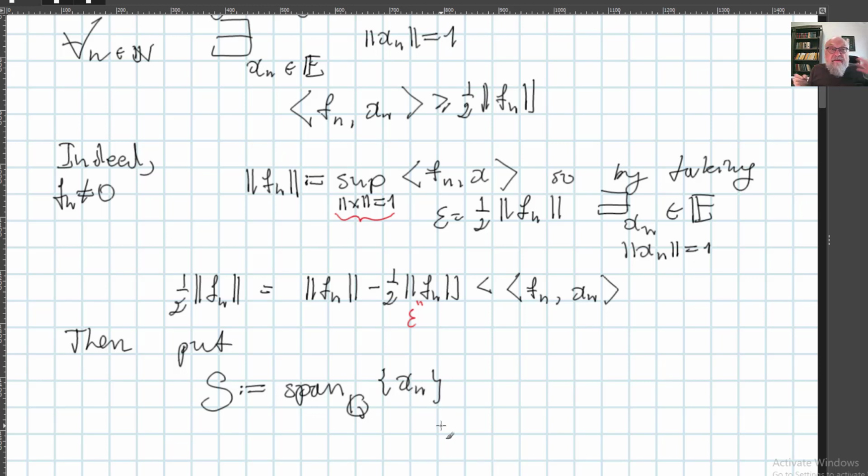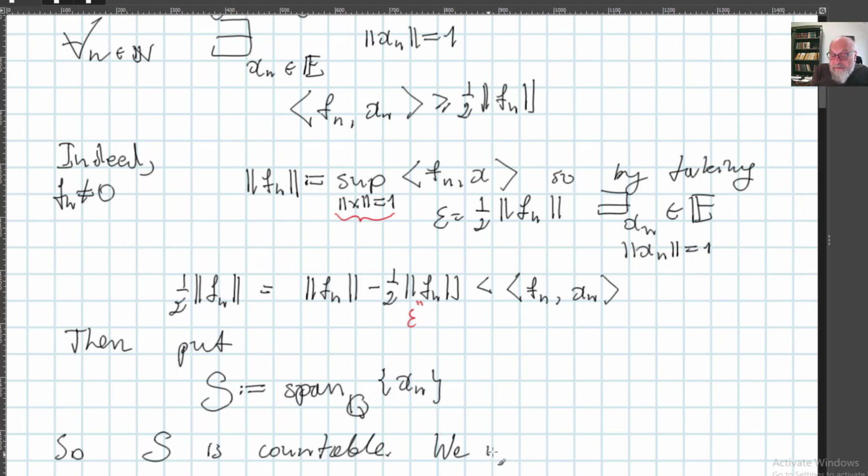Finite linear combinations. Since the countable union of countable sets is countable, you get immediately that S is countable.